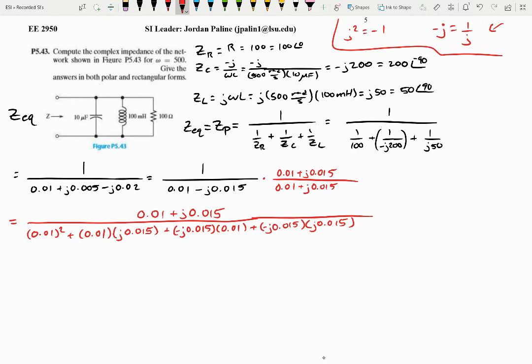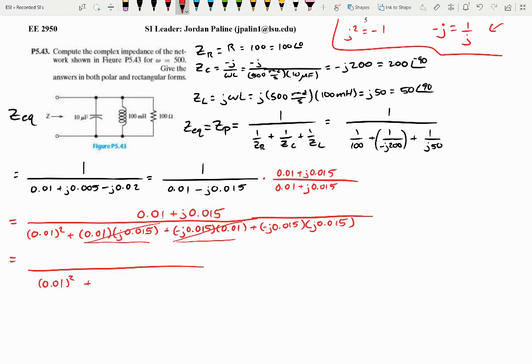All right. So then now what we can do is we'll combine these down. I'll notice right here that right here and right there, those two terms are the same, so those will just cancel out with each other. So those will go away. Then I'll have my 0.01 squared term right there.